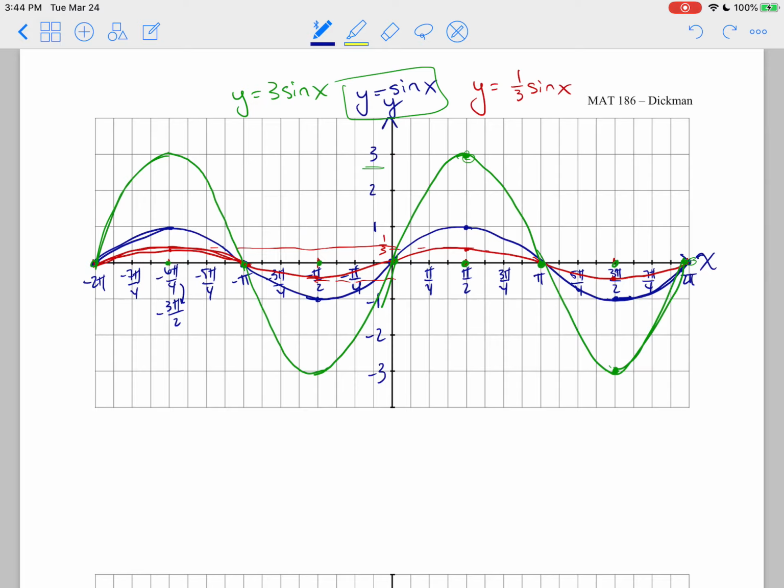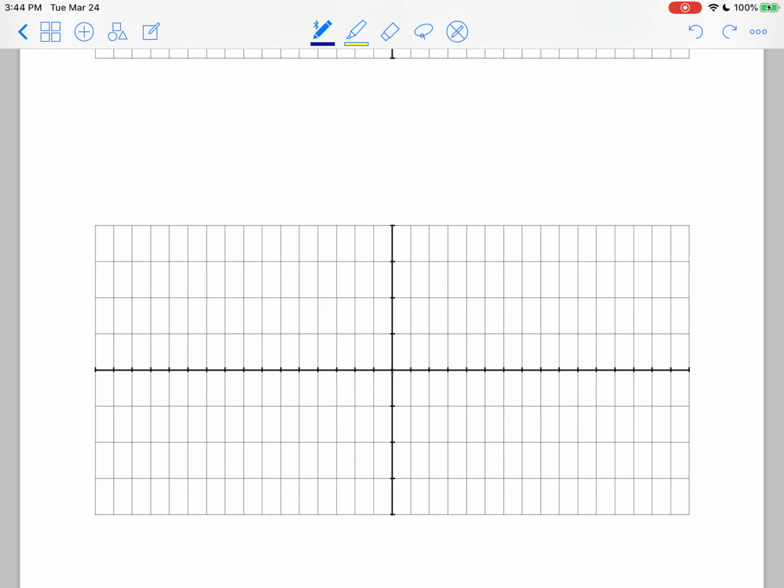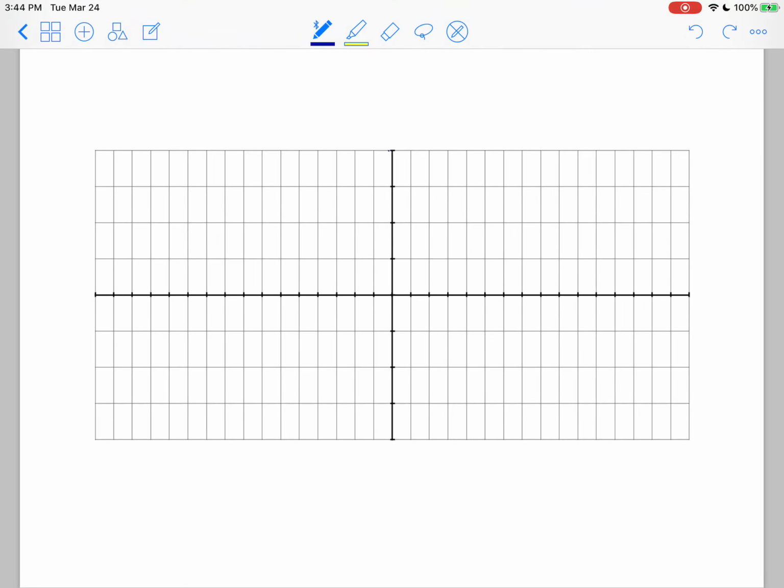Stretches it out. So we're going to go back to this graph over here, and it's just good practice, again, setting up a graph with fractions of pi. This time I'm going to do it a little bit differently because I know that I'm going to have this sine of 3x.